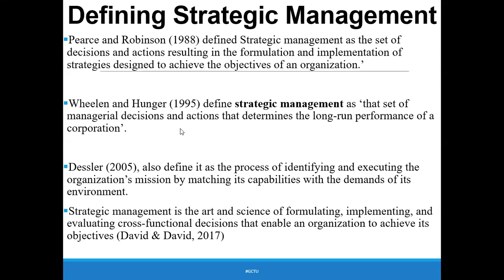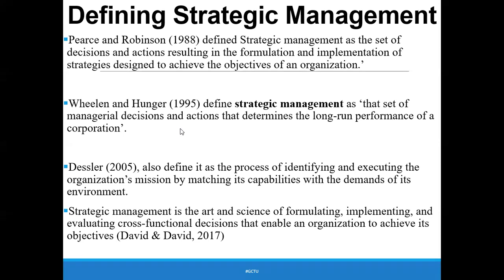So just as Pearce and Robinson indicated, it falls within the purview of managers. So they have to take certain decisions and actions. And the end view of these decisions and actions is to attain something in the foreseeable future, which is the long run.